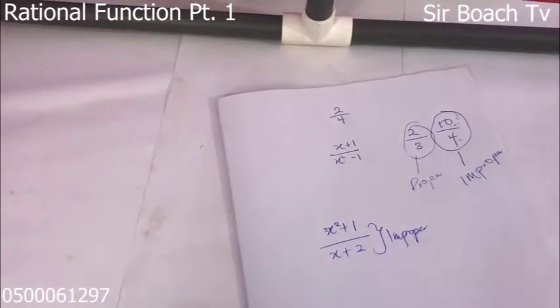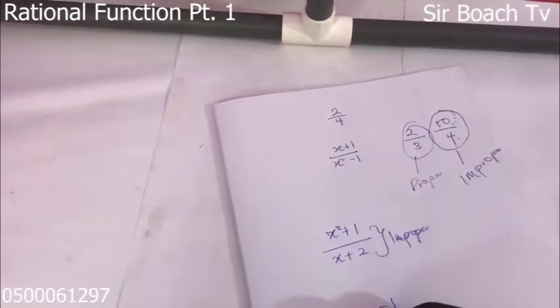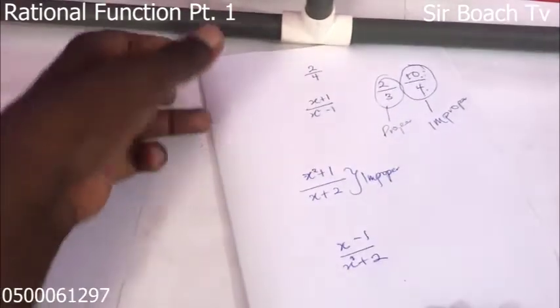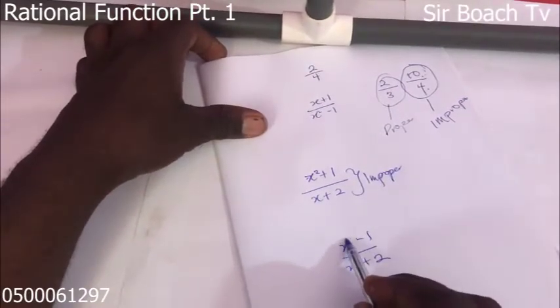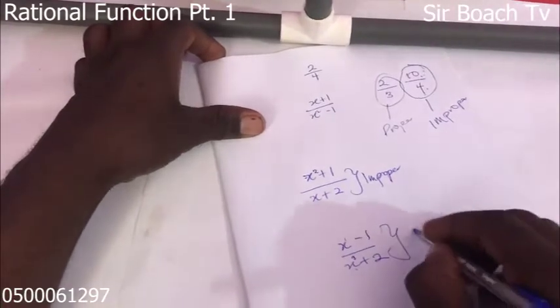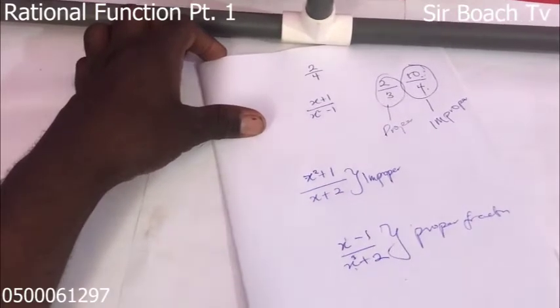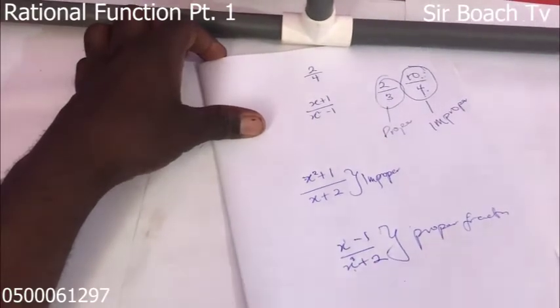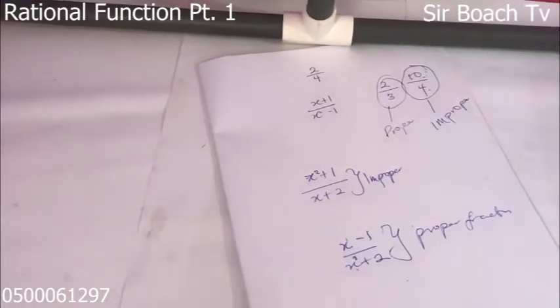You understand? If I have another one like this, and I make the degree at the bottom 3, because this degree is bigger than the degree of 1 on top, this one is a proper fraction as far as rational functions are concerned. So we look at the degree of the function to determine whether it's a proper one or an improper one.